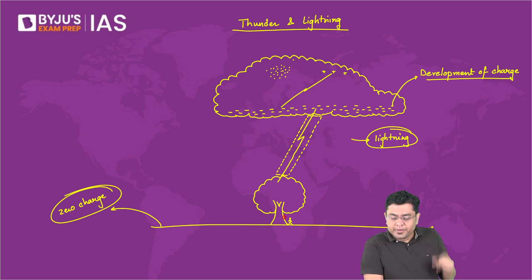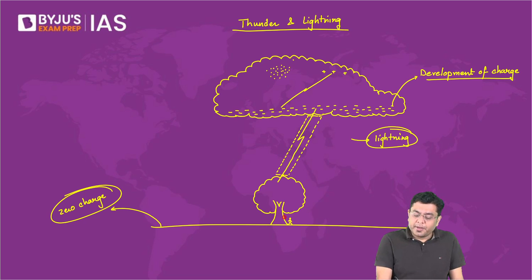Okay. So here, why is it that we experience thunder, the thunder sound? That thunder sound is created because such a high amount of charge passes between the cloud and the ground surface, or any place for that matter, and in the parcel of air immediately around it, would you experience a rise in temperature?